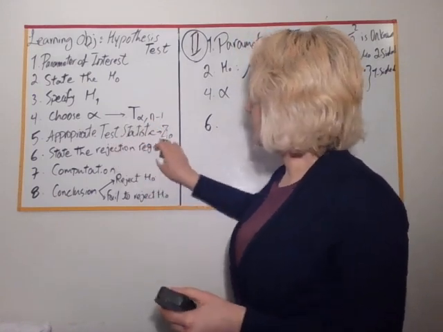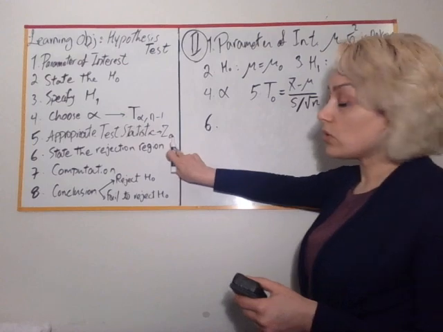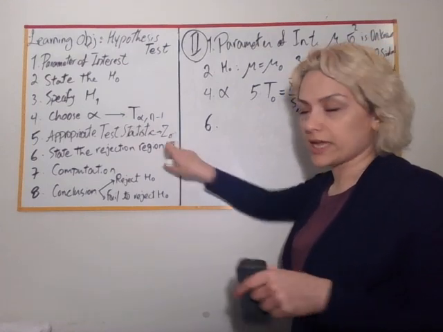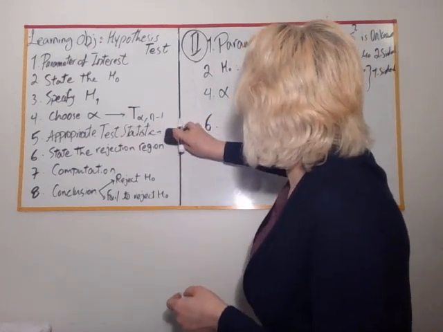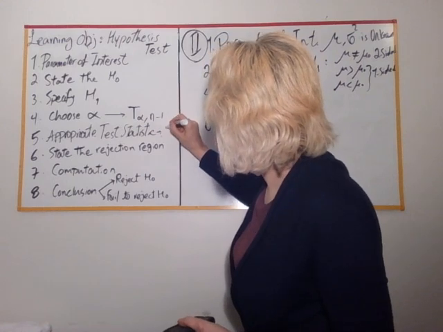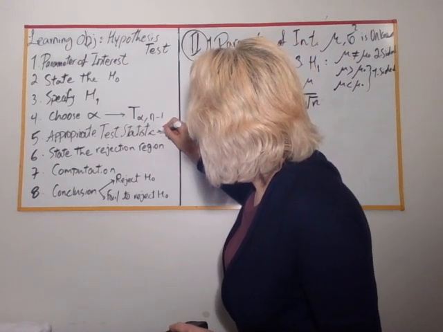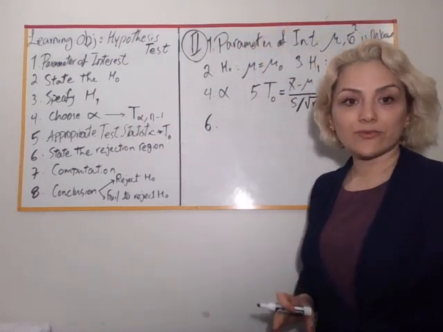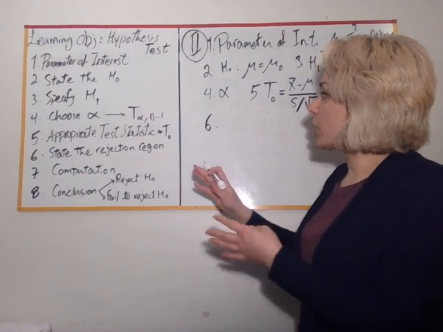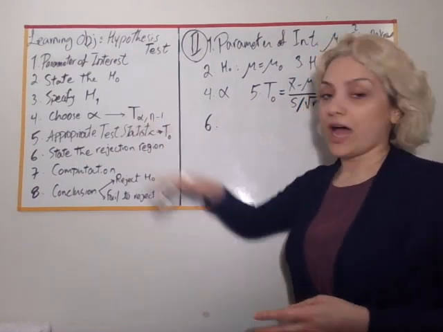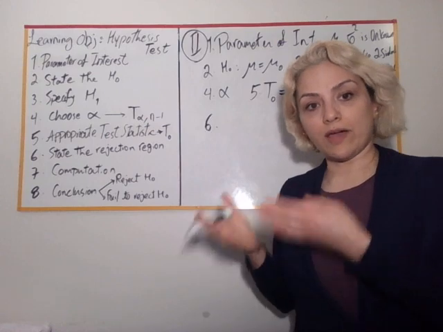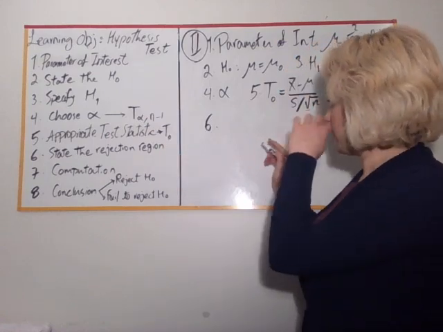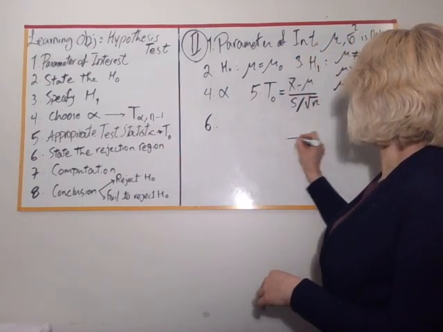And then for the test statistic, instead of z0, which was for the first category, I'm going to find out my t0, right? So then we said that for the rejection region, we want to compare the t for alpha or half of the alpha with this t0.